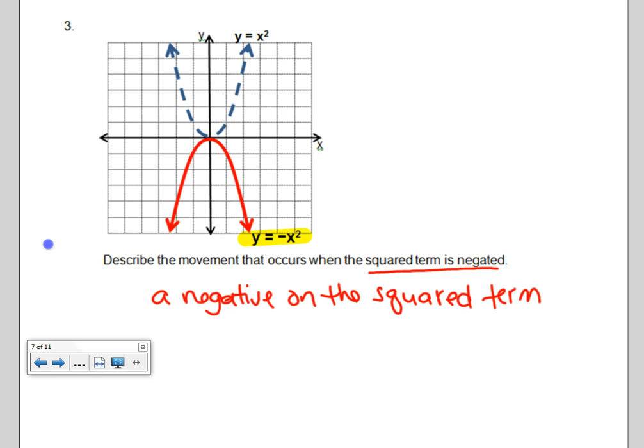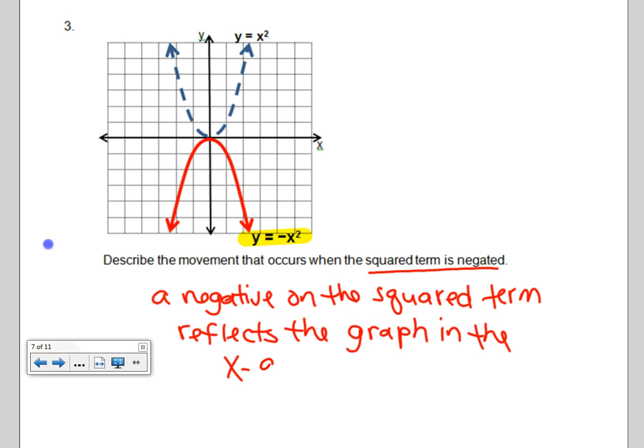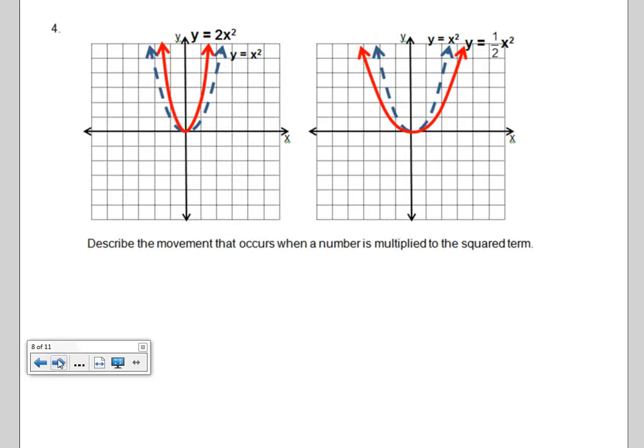So a negative on the squared term reflects the graph in the x-axis. Okay, pause if you need to. Or then moving on to the final transformation.